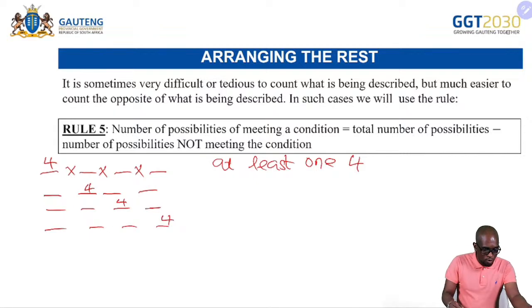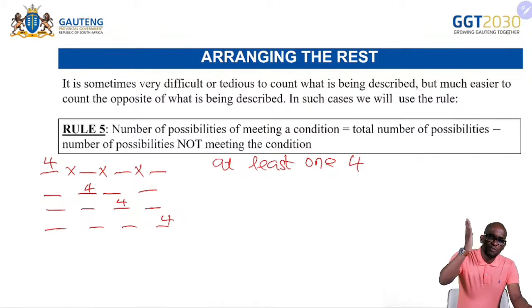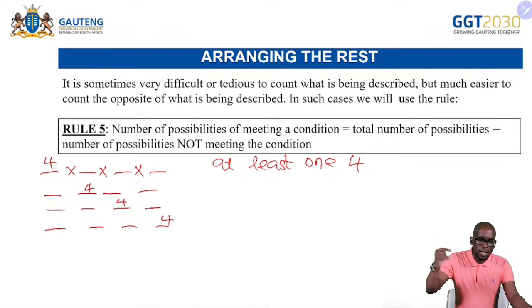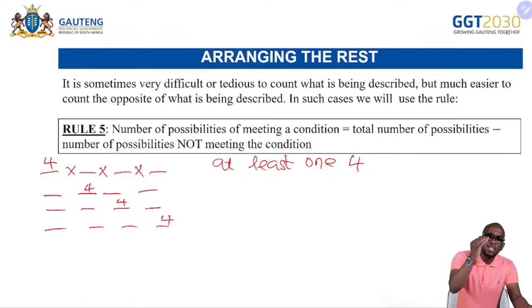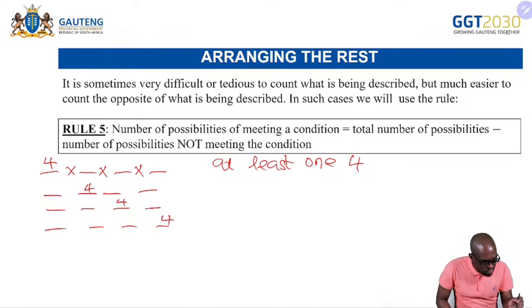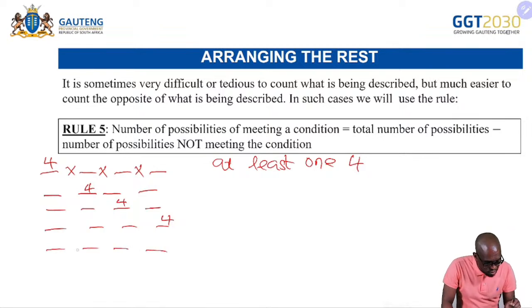You've used 1 4. How many cases are we having now? 4 cases. We are having a 4 as the leading digit, 4 as the second one, third one, and fourth one. But they said at least 1 4, which means that we start from taking 1 and more, so we can also have a code that has 2 4s.